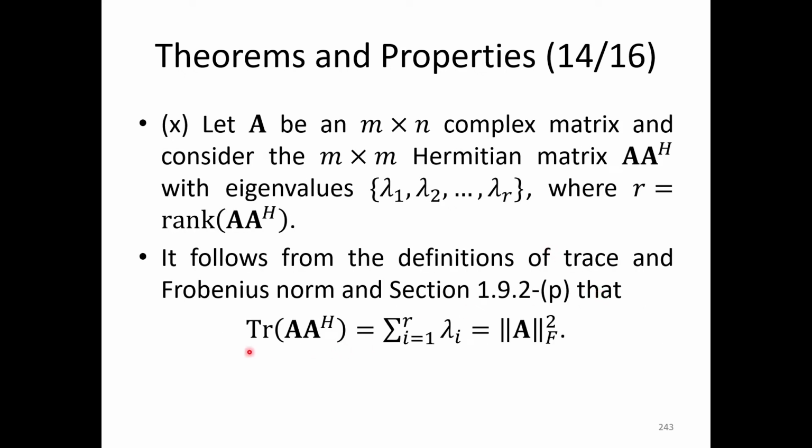Okay, so the trace of A times A Hermitian is equal to the summation from I equal to 1 to R of lambda I, and is equal to the Frobenius norm square of A.